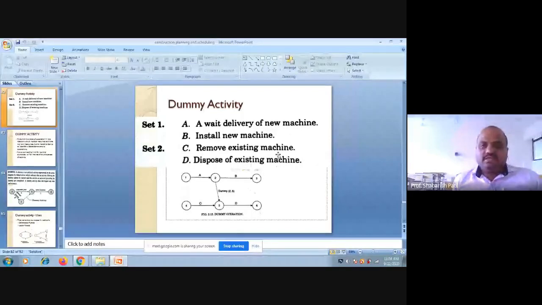These same activities are shown in a network diagram here. First, activities A and B: I wait for the delivery. Once I get the delivery of the machine, I install my new machine.